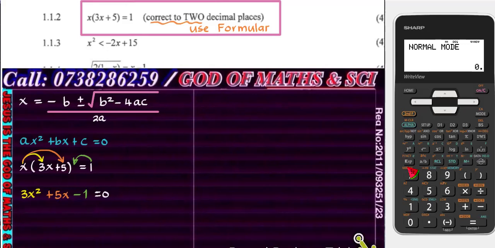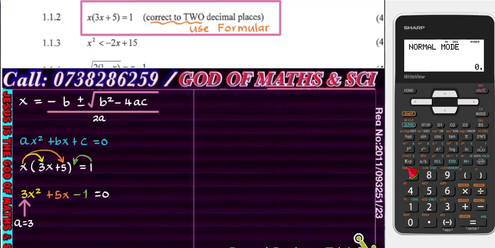So the first number, the one I'm pointing at with an arrow, that 3, is your a. So a equals 3. You must also take the sign.